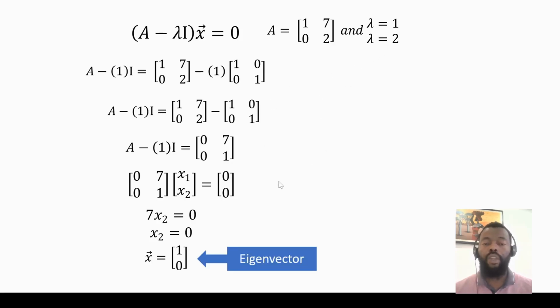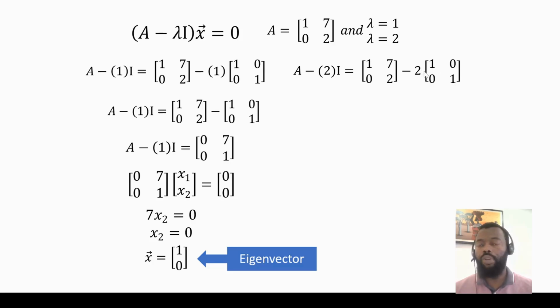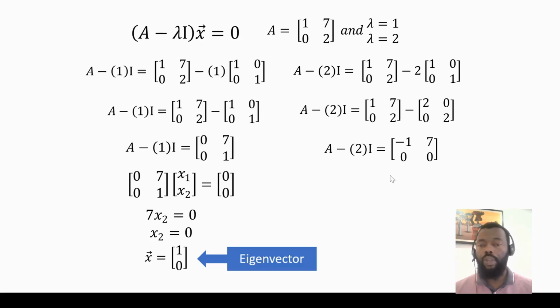Let's find our eigenvector for lambda 2. So we plug in 2, and we end up with 2 in the main diagonal and 0 in the other entries. Now when we subtract, we have minus 1, 7, 0 and 0. So now we multiply by the x vector equal to 0, and we will have negative 1 times x1 plus 7 times x2 equal to 0.